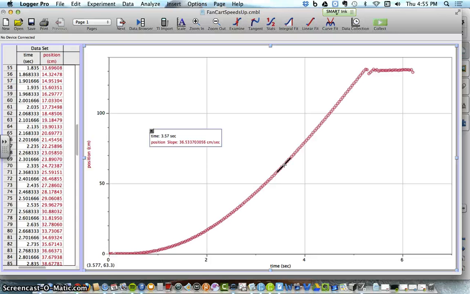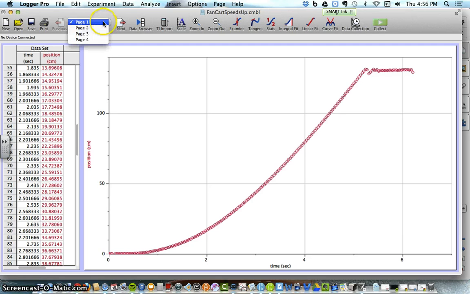So the steepness of the slope on a position time graph in physics is still going to tell us our velocity, just like the last unit. The only difference is now we have to take the slope of a tangent line since we can't take the slope of a curve. The only way to take the slope at a moment in time on a curve is to draw a tangent line.